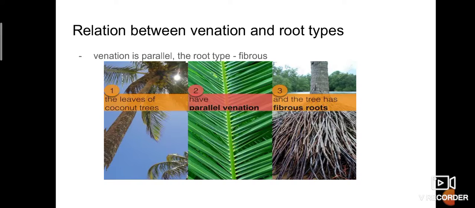First of all, do we know what venation is? We have seen it while studying leaves and their parts. Just recall: what is venation? The arrangement of veins and veinlets on the leaves is called venation. If you see a leaf, inside it there are small lines running here and there.